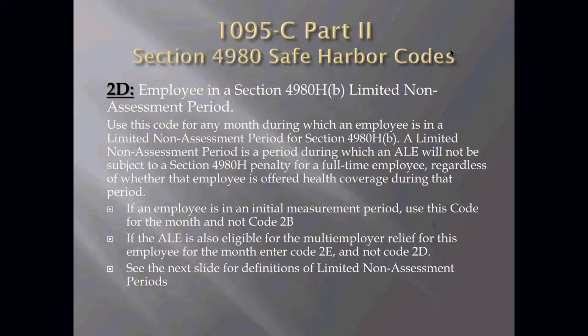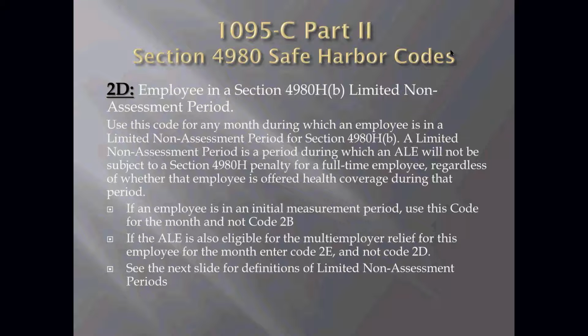And we're going to go in just a second. Now, one thing to take a look at, if the applicable large employer is also eligible for the multi-employer relief for this employee for the month, enter code 2E and not code 2D.